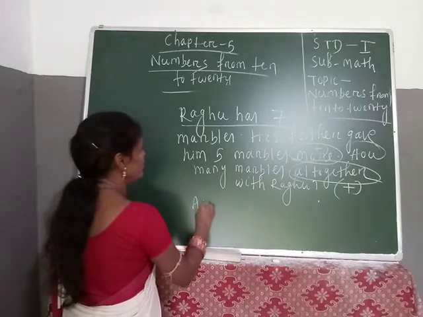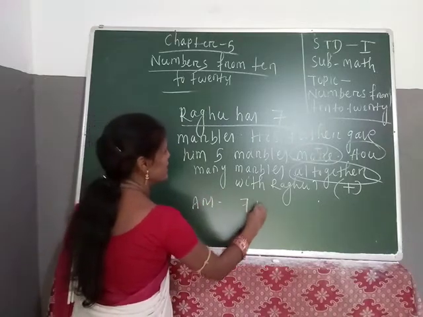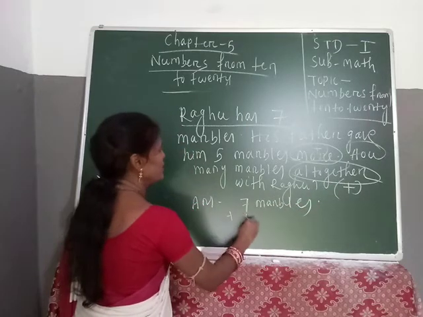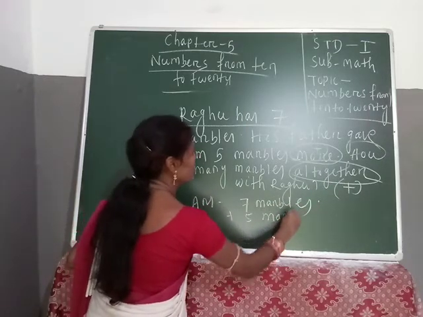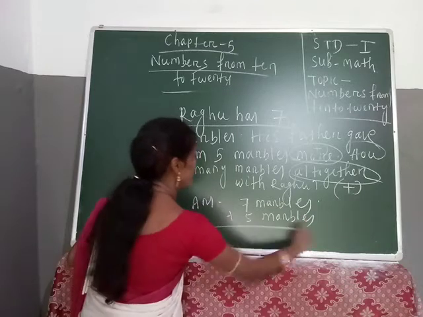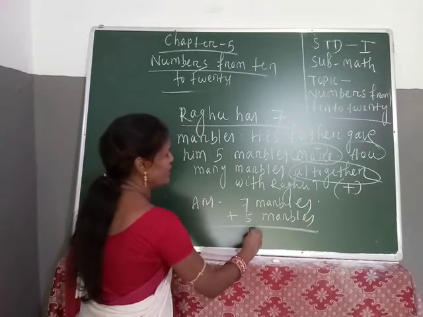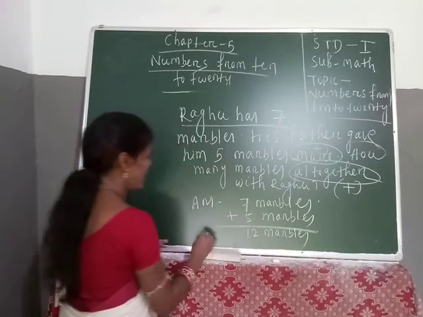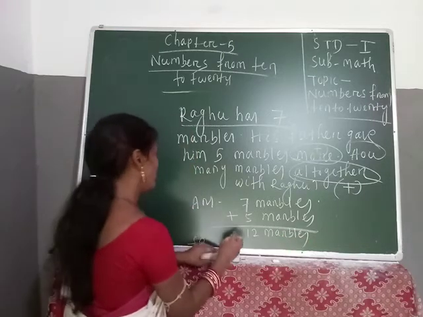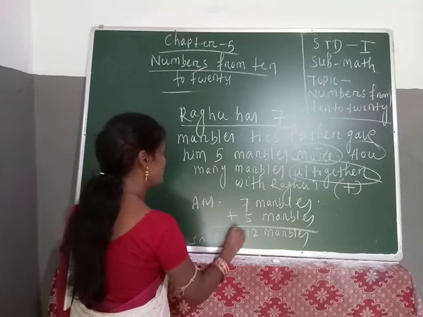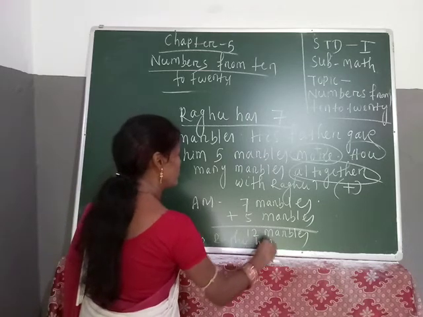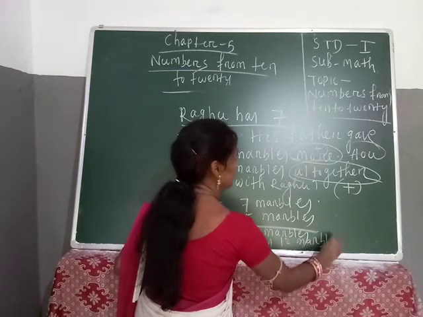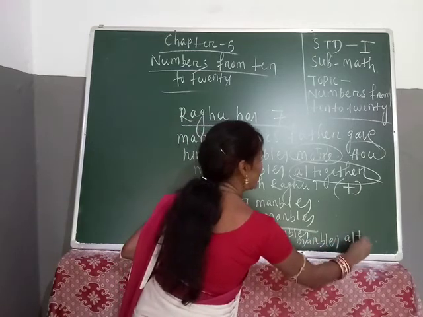So now we will do 7 marbles plus 5 marbles. That is how many? 7 plus 5 is 12 marbles. So now Raghu has 12 marbles all together.